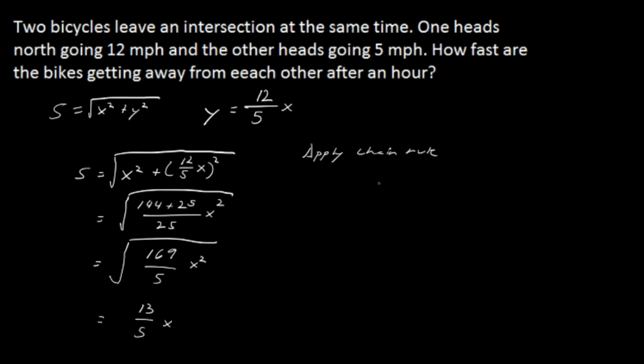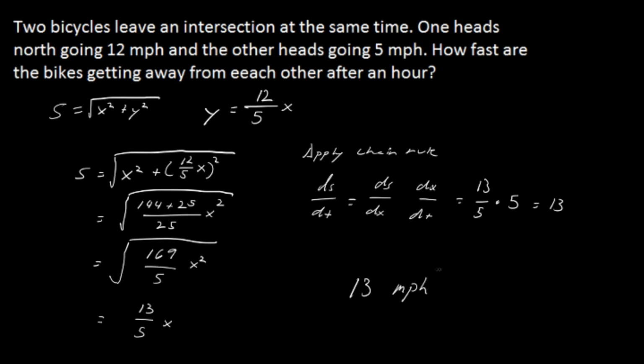Now we're gonna use the chain rule, which is ds over dt is equal to ds over dx times dx over dt is equal to 13 over 5 times 5 equals 13, which will give us the answer of 13 miles per hour. Now, we're done solving a real-life problem using differentiation.